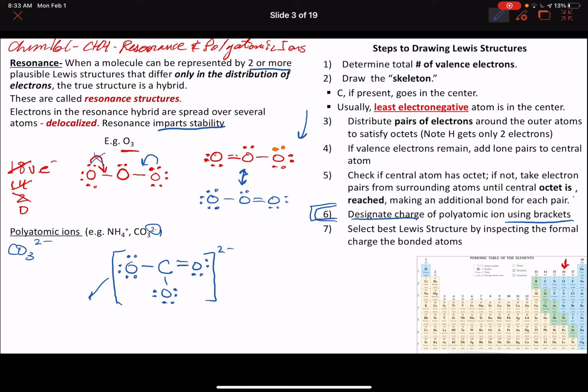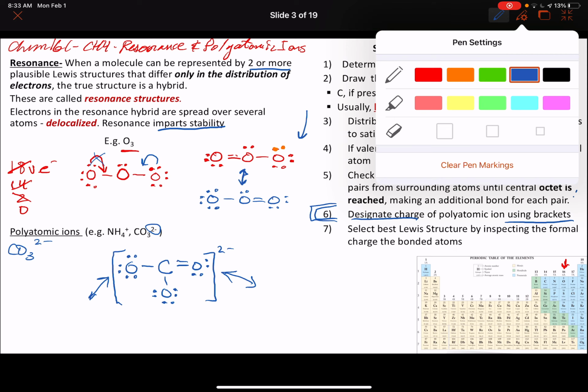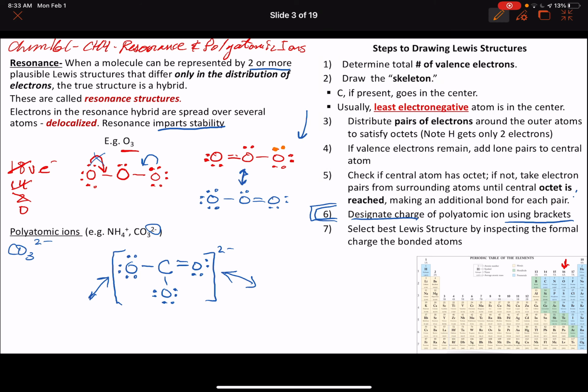Now, hopefully you recognize that there are a couple of other options here. We could have that double bond exist across a couple other spots. To show how that double bond would shift, we can imagine one of the lone pairs pushing into a double bond position. If we don't do anything on the other double bond, we would exceed the octet on the carbon, so we've got to restore a double bond there, and this would give rise to our next plausible Lewis structure, which is going to be carbon, single bond to that rightmost oxygen.